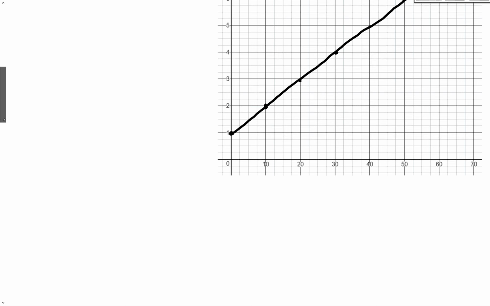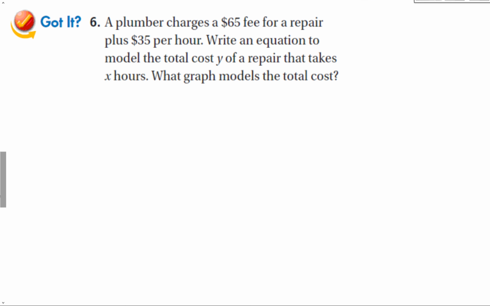One more problem. So a plumber charges $65 for a repair plus $35 per hour. So the slope is going to be the amount of money that he charges per hour.